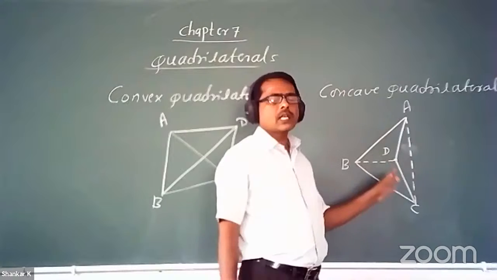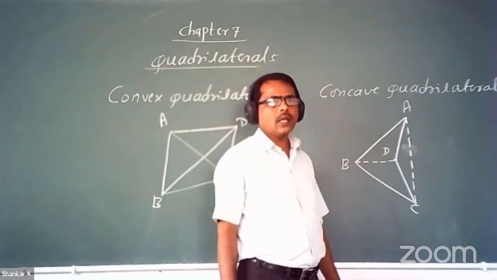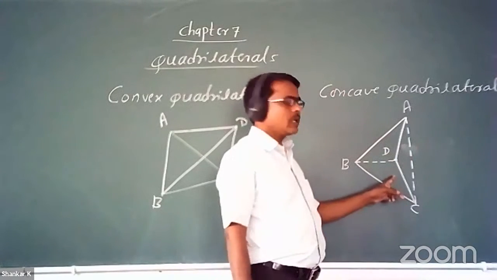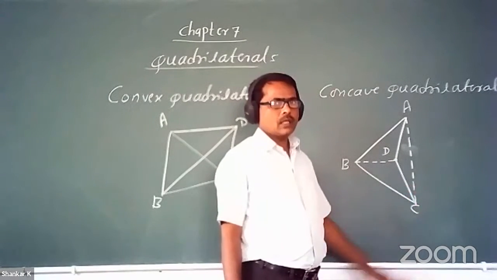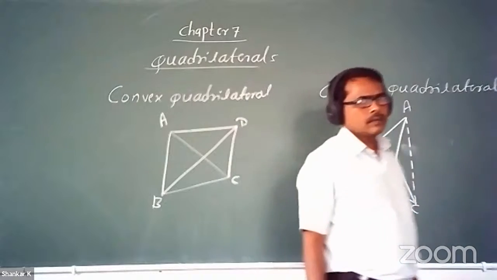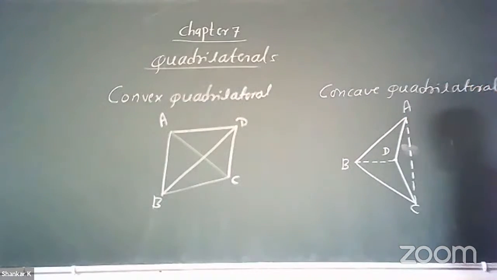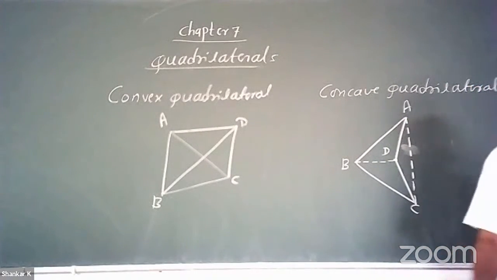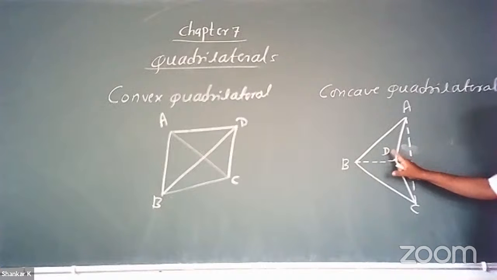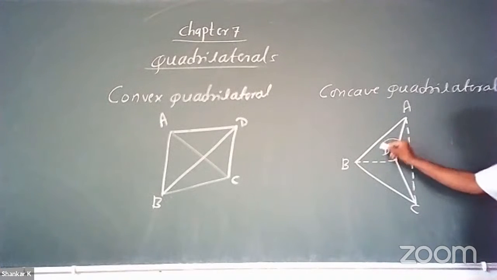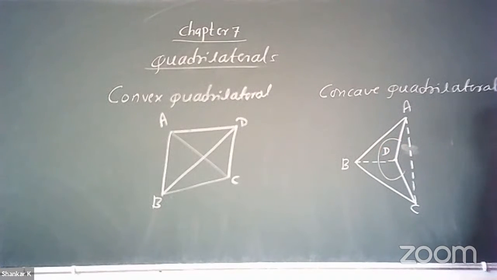So such quadrilaterals are called concave quadrilaterals. It is a concave quadrilateral. Or, one more way is, at least one of the interior angles will be an obtuse angle. See this angle. This is obtuse.